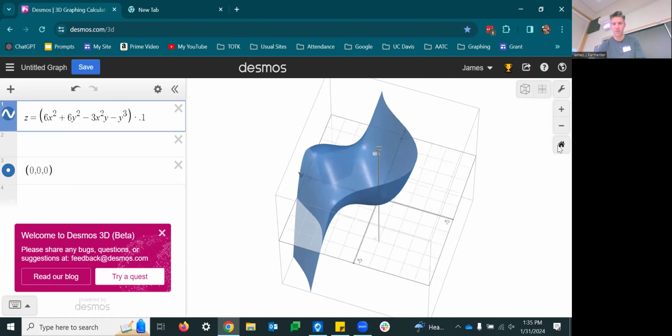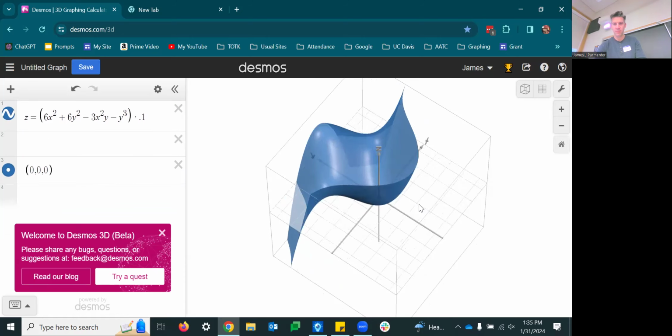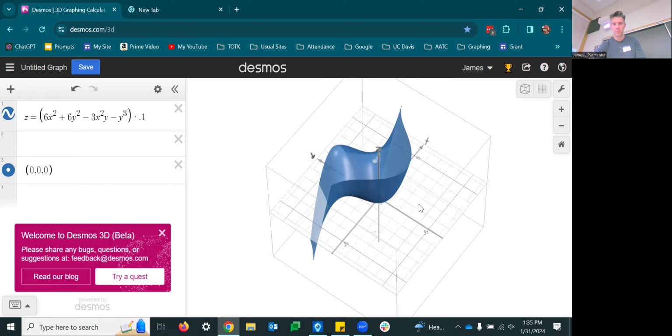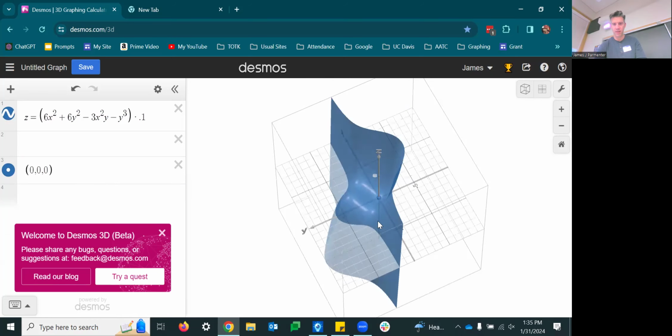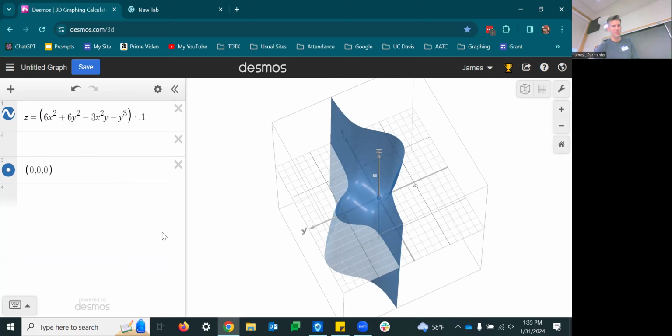There we go. Yeah, they're there. Right there. There's a saddle point where it's kind of a maximum this way and a minimum this way. It's not super easy to see, and I'm sorry about that. I feel like it's usually a little easier to see.